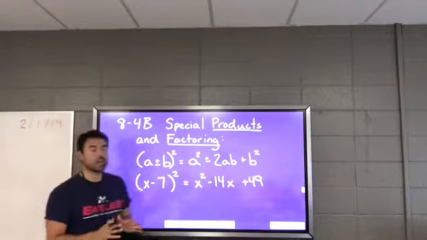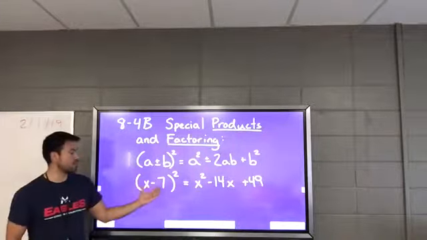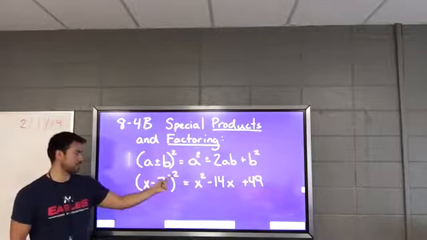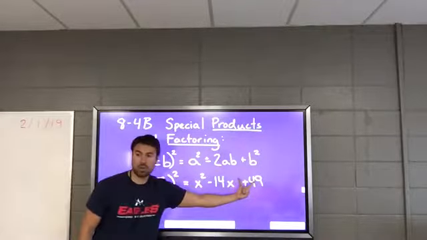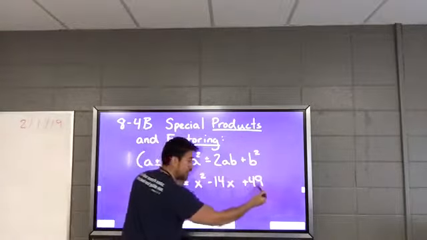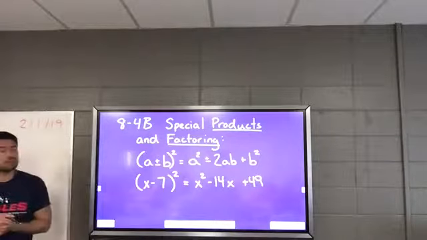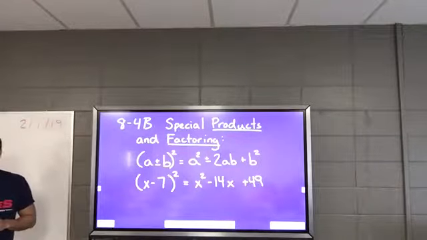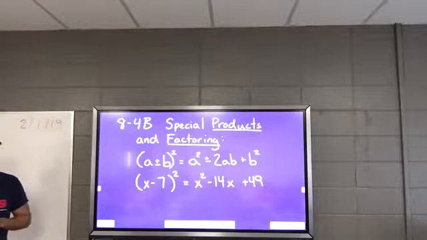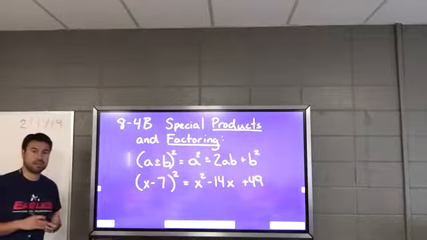Okay. Now, today, what we're going to be doing is not multiplying two binomials or multiplying a binomial squared to get the trinomial. We're going to be working backwards. I'm going to give you this problem, and you're going to have to give me this factoring. Yes, ma'am? So when you multiply negative 7 and x, then it would be negative 7x, but when you double it, wouldn't it be positive 14x?